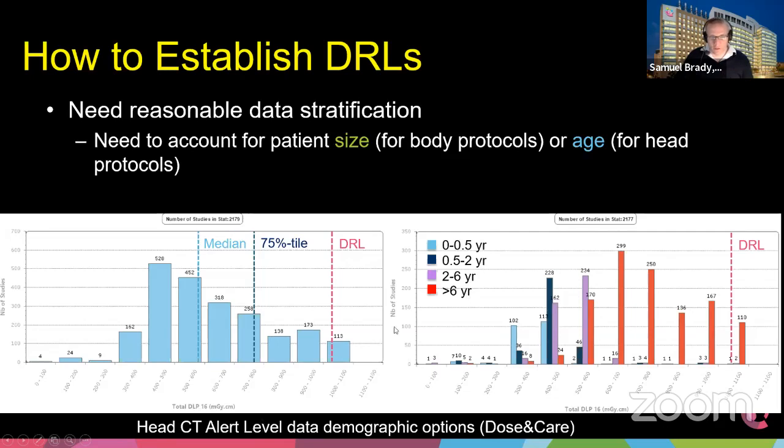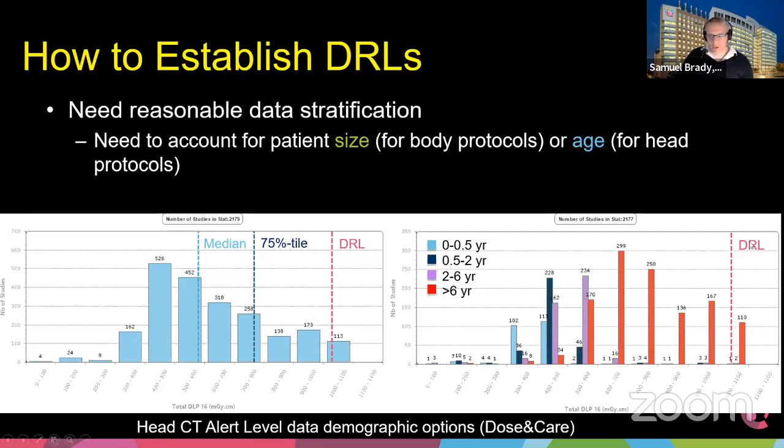So for a head protocol, we basically have 4 exam types: 0 to half year, half year to 2 years, 2 to 6 years, and anyone over 6 years. And when I break the distribution down here and stratify it by patient age, you see now that the DRL really only applies in this case to my adult heads.